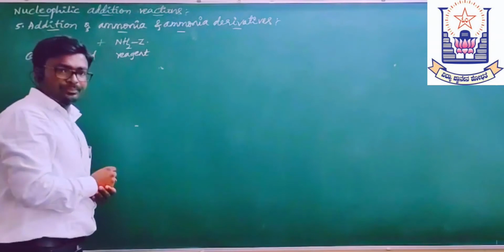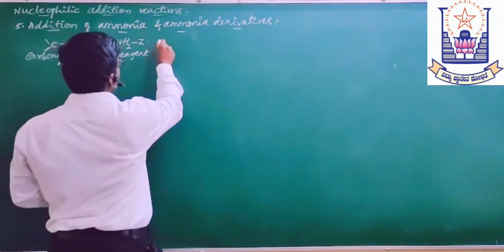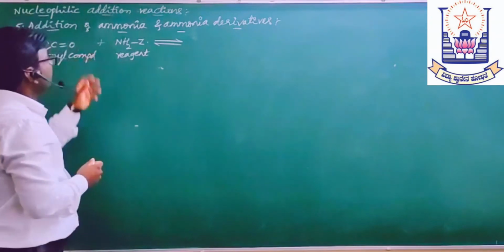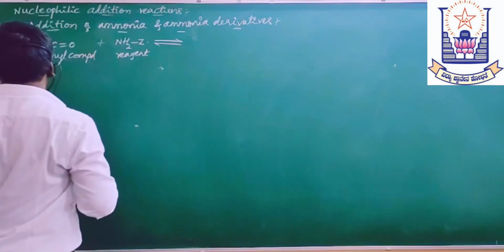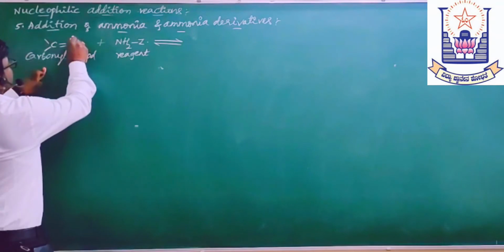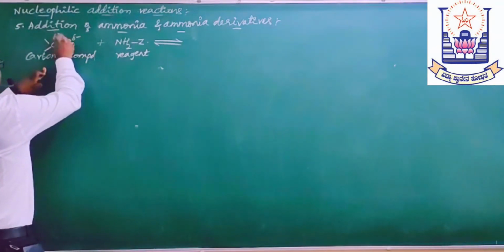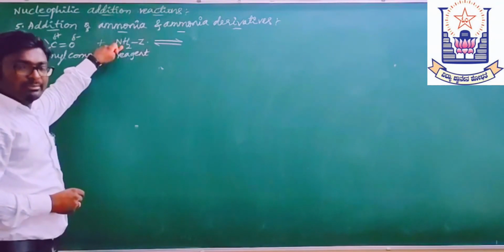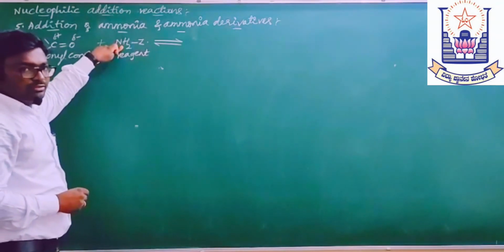Okay. Then this will react, nucleophilic addition will take place here. You know that this is delta minus, this is delta plus, and here the H plus ion will be there, and the remaining will be the nucleophile part.